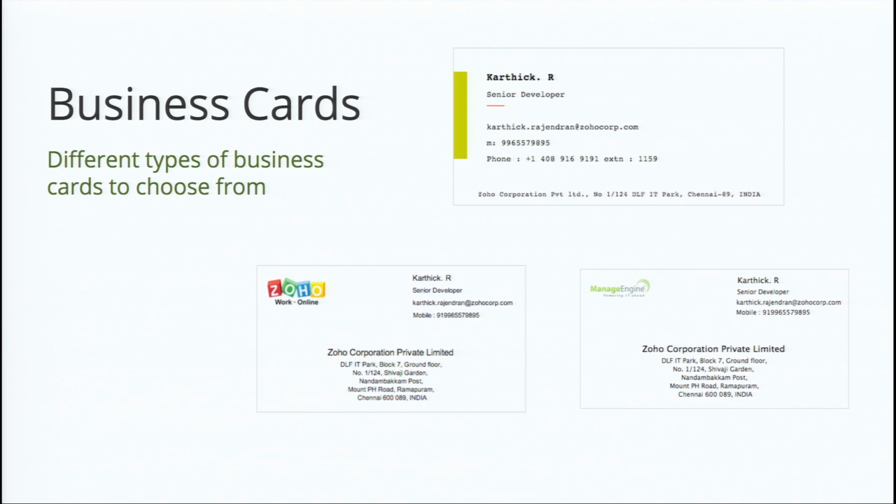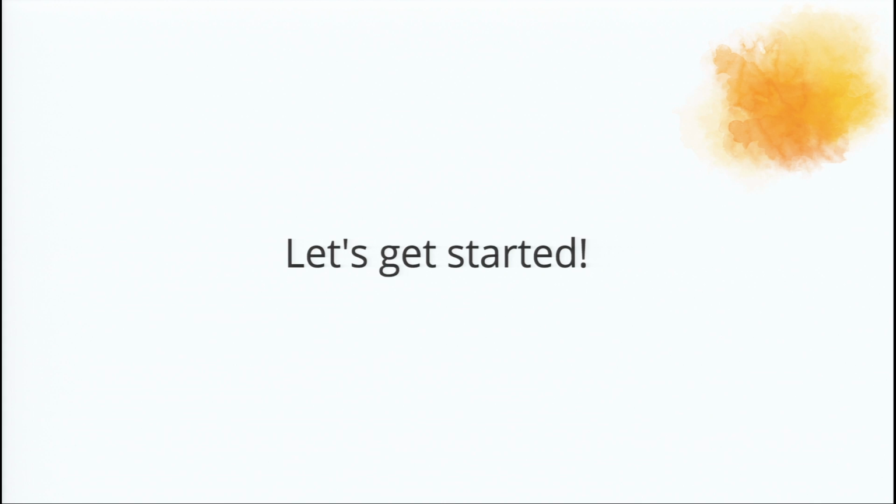We'll create a simple visitor ID card. I'll take you to the interface and show how it looks so that you can explore it on your own. I don't want any of you to do it now because it's going to take some time, so you can listen to me and later try it on your own. So let's get started.